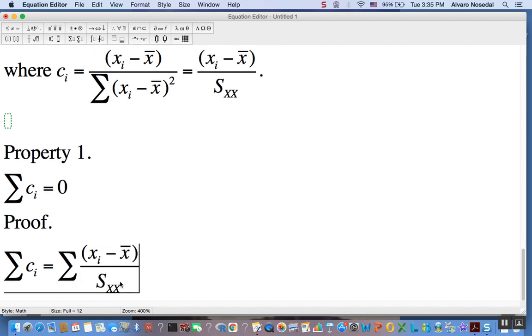Now note that Sxx is the sum of xi's minus x bar squared. Once you find it, it's a number, right? So this guy is going to be a common factor. It doesn't depend on the index i. Once you find this number, the sum of squared deviations with respect to the mean of x, the predictor variable, it's the same number for all these guys, so you can just factor it out, and that's exactly what we're going to be doing here.